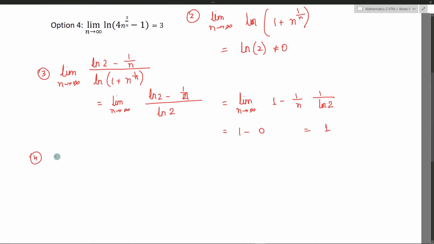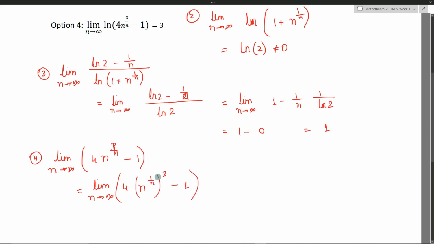Fourth option I have limit n tends to infinity of 4 n to the power of 1 by n whole cube minus 1. Right, n to the power of 1 by n is 1, 1 cube is 1, 4 minus 1 is 3.